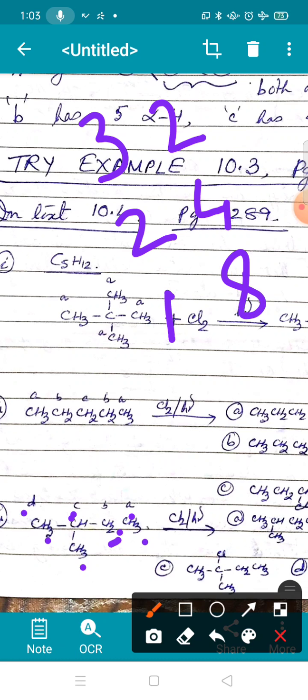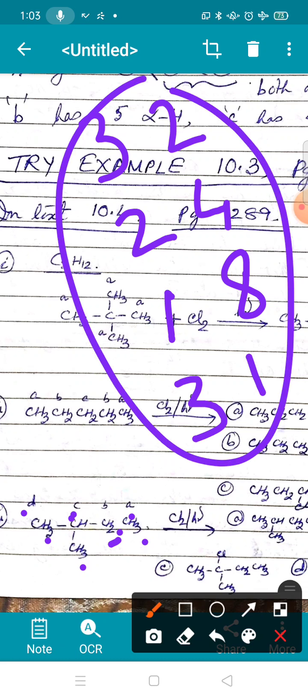And D type, 3 hydrogen of its own, 1 in the neighborhood. You see, all of them have different environment: 3, 2, 2, 4, 1, 8, 3, 1. None of them are same. But if you look at this, 3 of its own and 1 in the neighborhood, that means this type. So this is also D type. So since there are 4 different types of hydrogens, we'll get 4 different products.